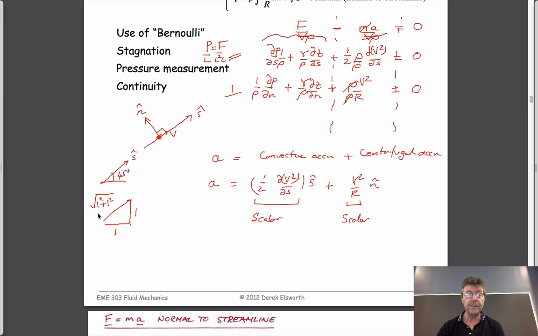And so if you divide this unit length by this length, then if this is equal to 1, this is equal to 1 over square root 2, and 1 over square root 2. So this term here would just be these components in the x direction. We use our right-hand rule.